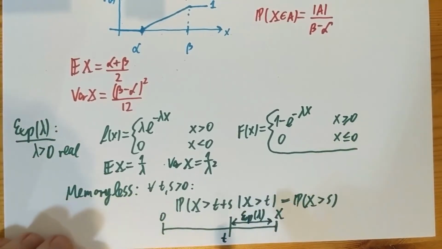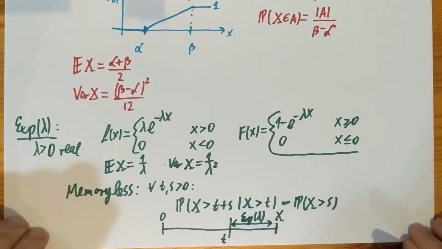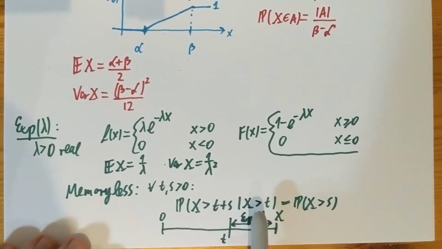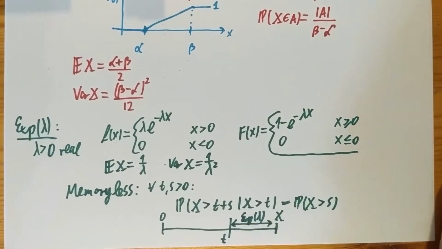So if X is larger than t, then the probability it's further larger than another s is the same as if it was born new. Okay, that's the memoryless property. Notice that it's a conditional probability. It's not saying that this distance is exponential, it's saying that this distance conditioned on X being larger than t is exponential. Okay, so that's the exponential random variable, and the last one is of course the normal.